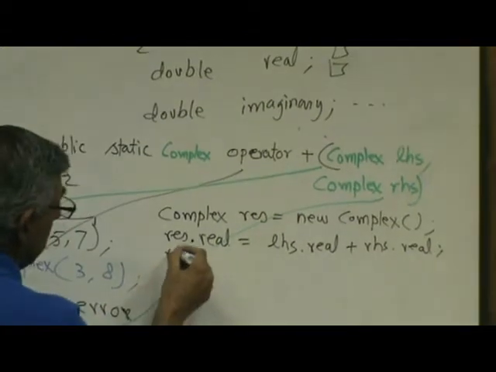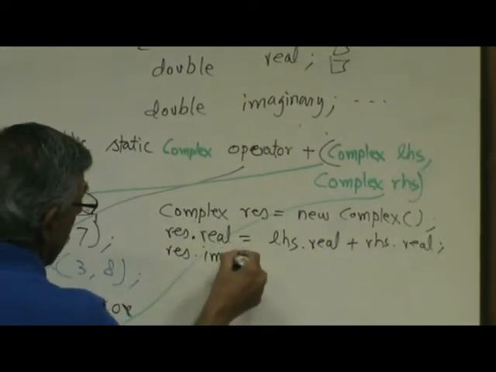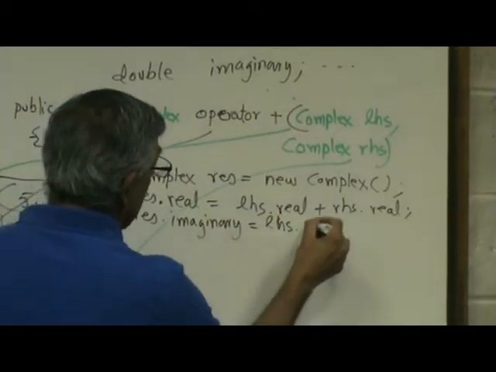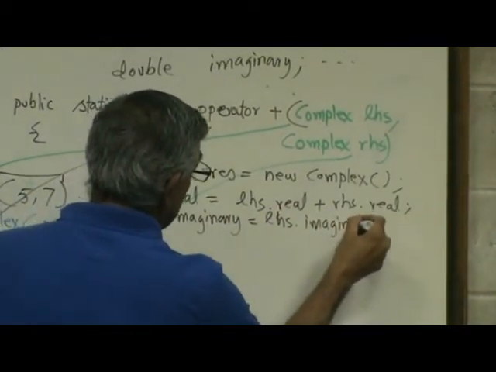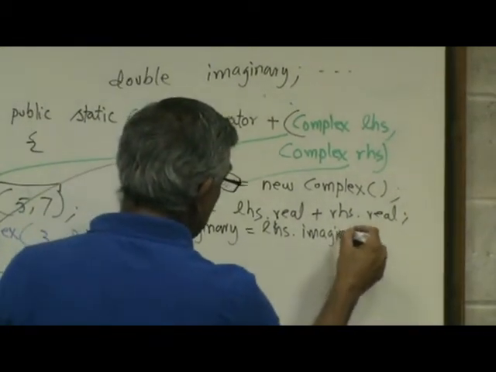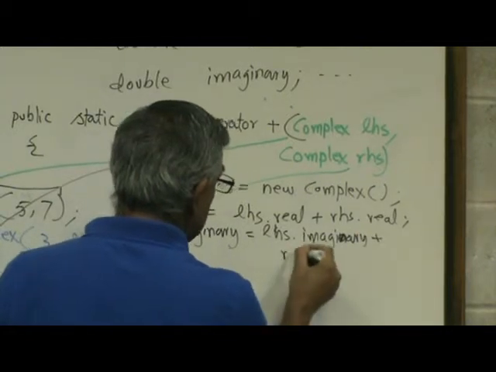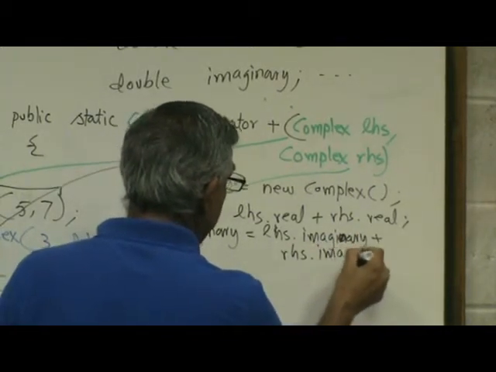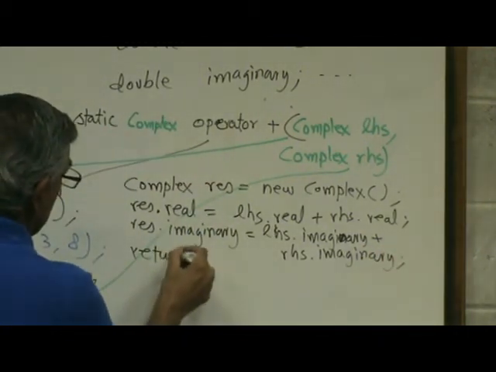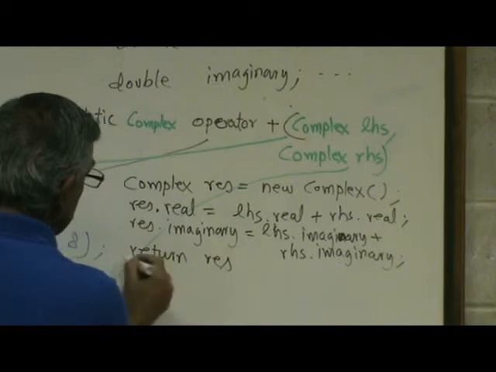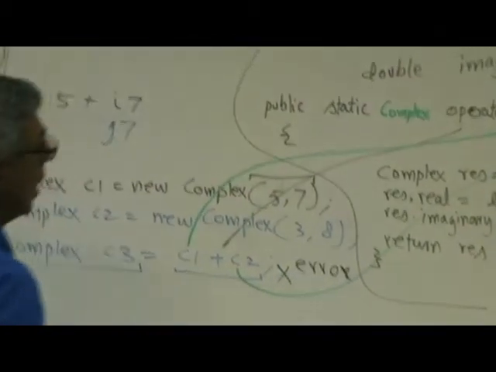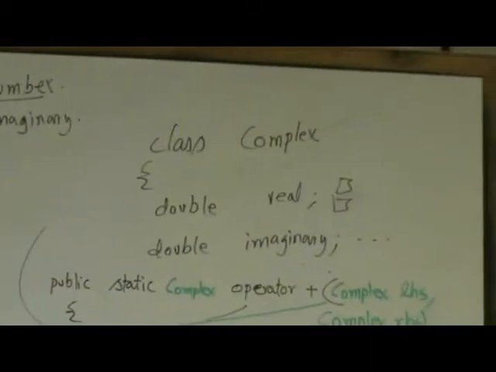So we add the two real parts, and result dot imaginary will be LHS dot imaginary plus RHS dot imaginary. Okay, and then return the result. Okay, so this is the code in the complex class.